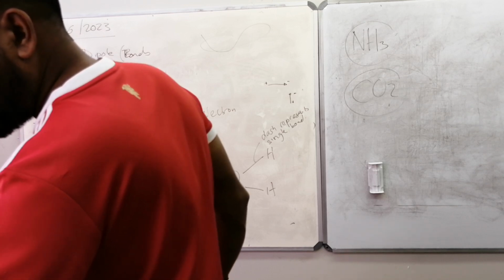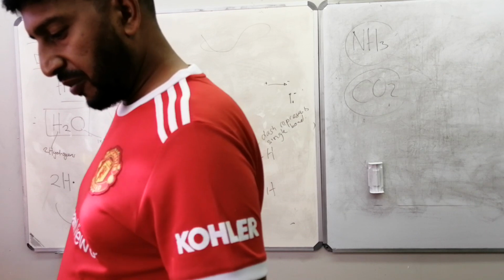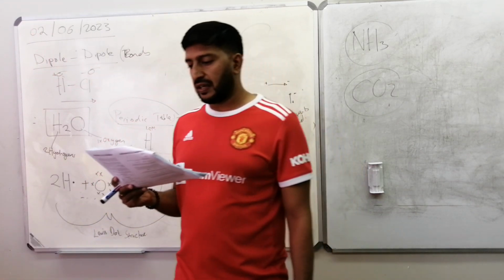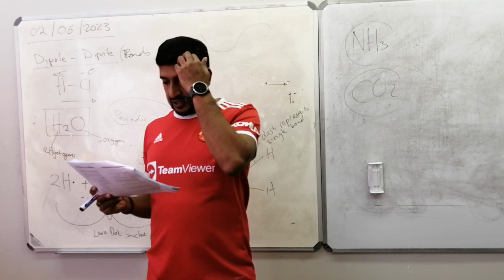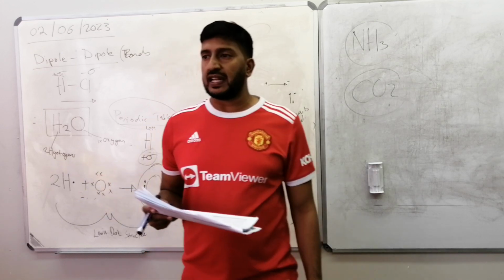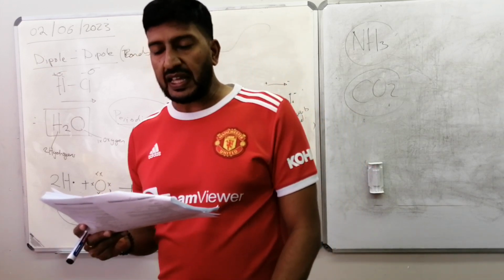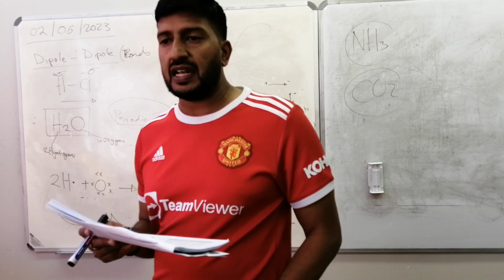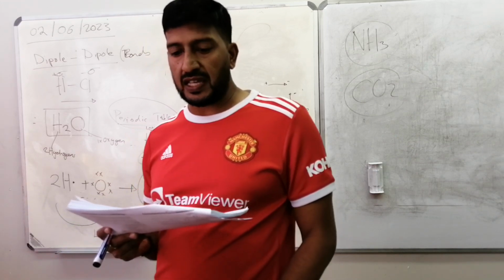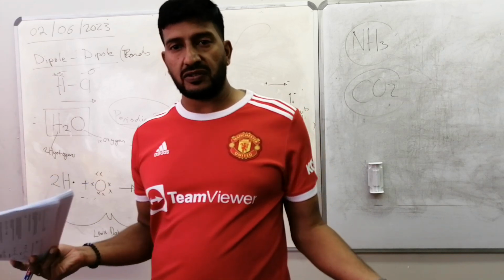So how many bonds can be formed? Possibly 2 bonds. Now let's look at the boron trichloride. Does it have any free electrons? No. Around the nitrogen, how many electrons? 2, 4, 6, 8. So the ammonia satisfies the octet rule.